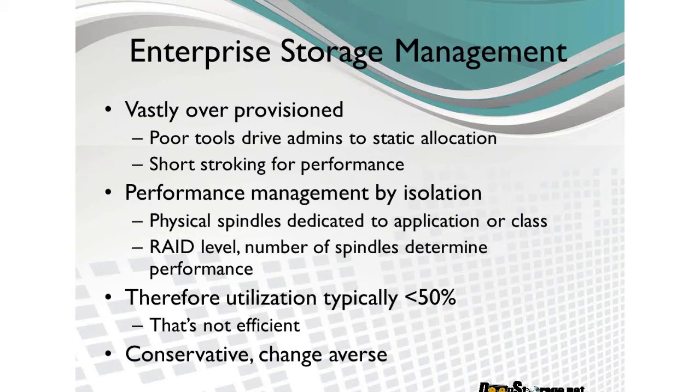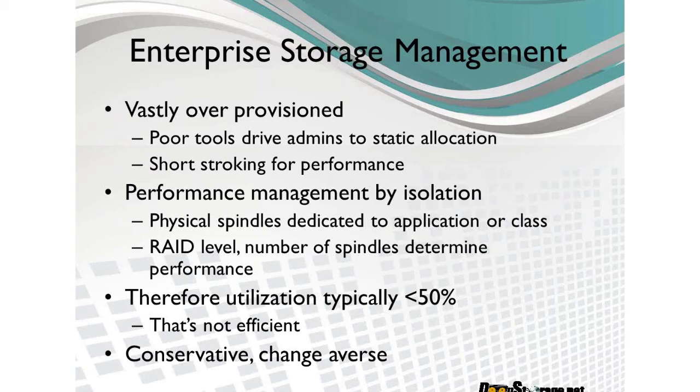Typically, you'll see that the real data on a large storage array like an EMC Symmetrix is somewhere in the range of 30 to 40% of the capacity of that system, in part because there are poor tools and procedures that take a long time, so administrators do static allocation and over-allocate space so that they don't have to continuously make changes manually.